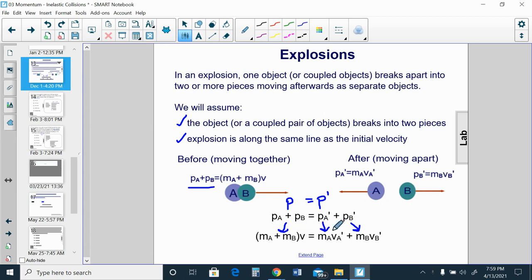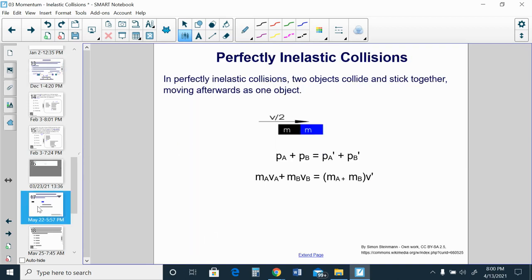And you'll notice the equation is this. Since a perfectly inelastic collision is the opposite of an explosion, we're using the same equation, it's just written in the opposite way. So we have our momentum before and our momentum after for the system. With the perfectly inelastic collision, they are traveling separately at first, so it is MAVA plus MBVB added together.